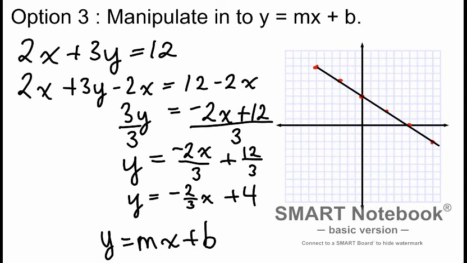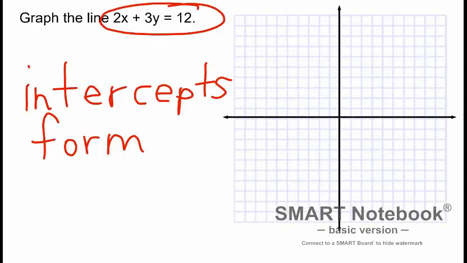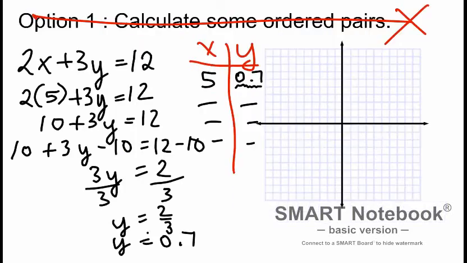So here's a quick review of what we've done. Back to the first slide. We were given the task to graph the line 2x plus 3y equals 12. The first strategy, calculate some ordered pairs. This is tedious and difficult, and there's just a better way.